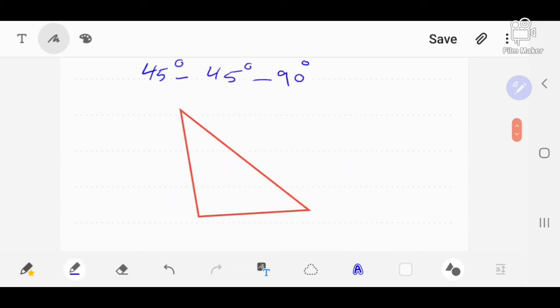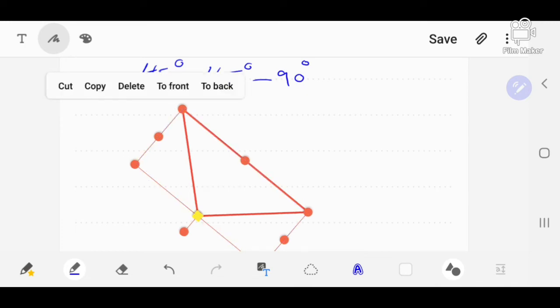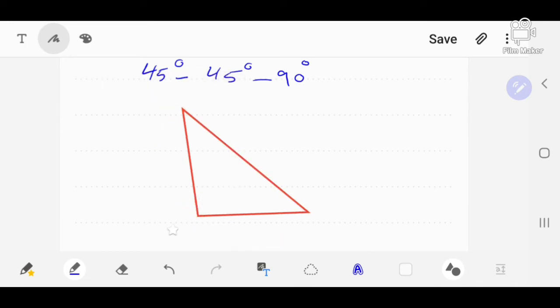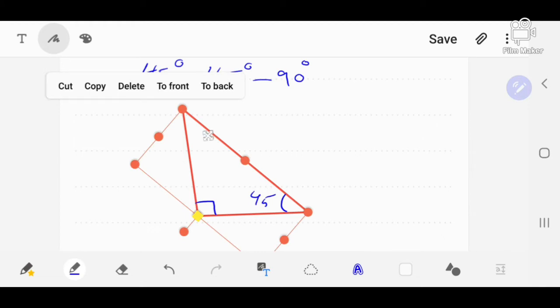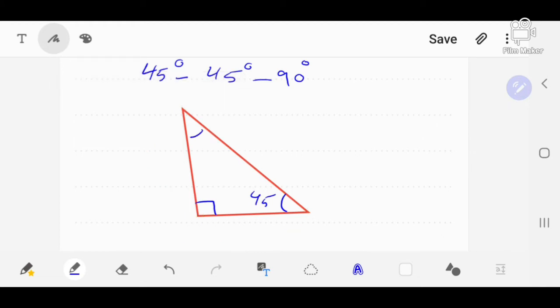Okay, so let's say we have a right angle here, we have 45 degrees here, 45 degrees here since it's isosceles, so these sides are the same.